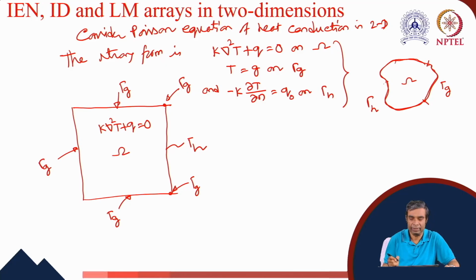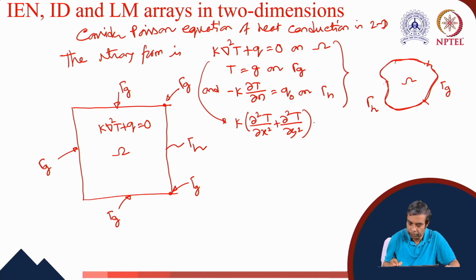Now let us discretize the domain in two dimensions. This governing equation, we can represent it as K into del 2T del X2 plus del 2T del Y2 plus Q equals to 0 in omega.